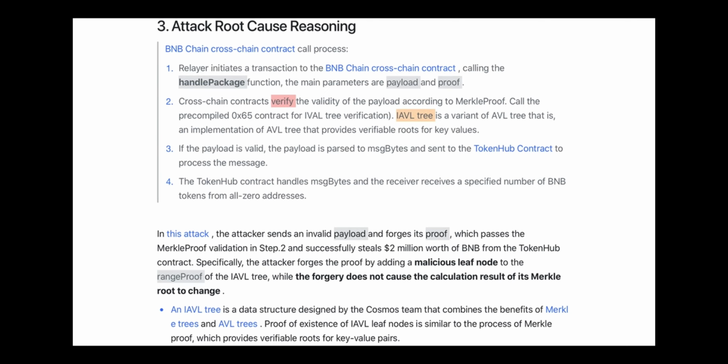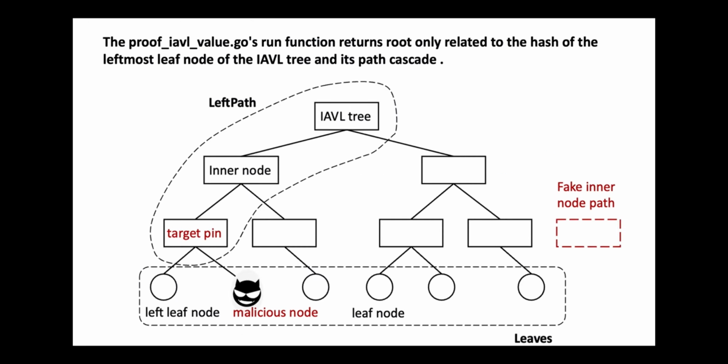When the Merkle tree is not a full tree, it can potentially cause a mischeck of the Merkle root. That can be leveraged by the attacker to manipulate the payload details in the verification process. So here you see the example in the proof IAVL value .go implementation details.